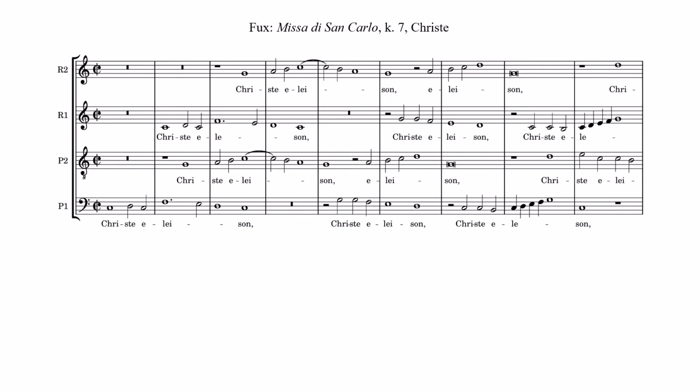Here is the beginning of a double canon composed by Johann Joseph Fuchs from his Missa di San Carlo.